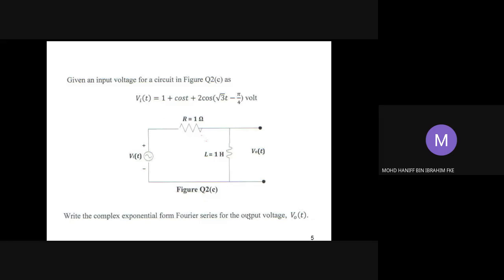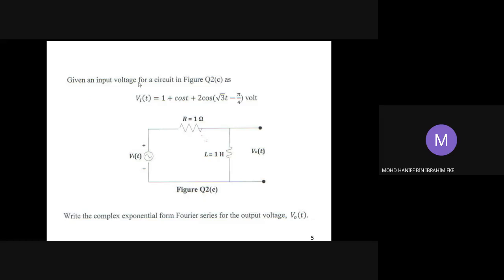So let's have a look at this example here. We are given an input voltage for a circuit shown in figure question 2c. The circuit consists of two components, a resistor and an inductor, of 1 ohm and 1 henry respectively. The input Vi(t) to the circuit is given by 1 plus cos t plus 2 cos(t minus pi over 4) volts.